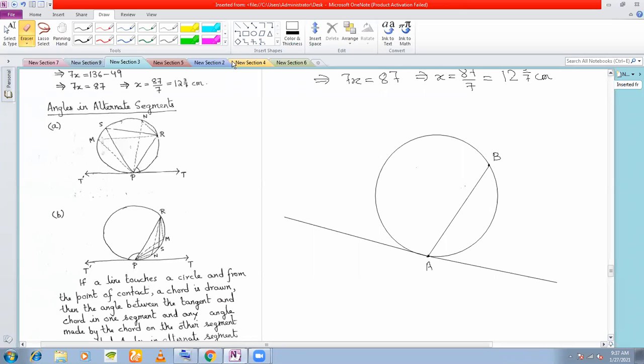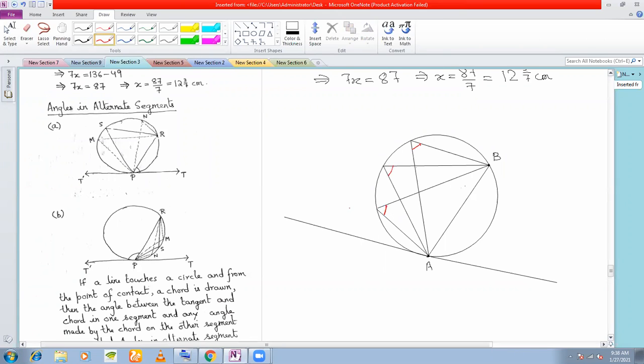How can we draw these angles? From the point of contact, you draw this angle, or you can draw this angle, or you can draw this angle also. Many angles can be drawn. All these angles are in the major segment.